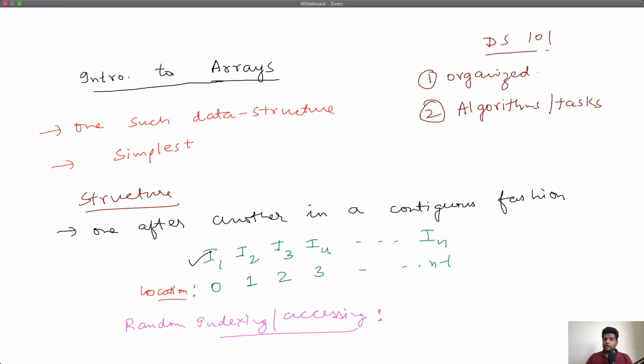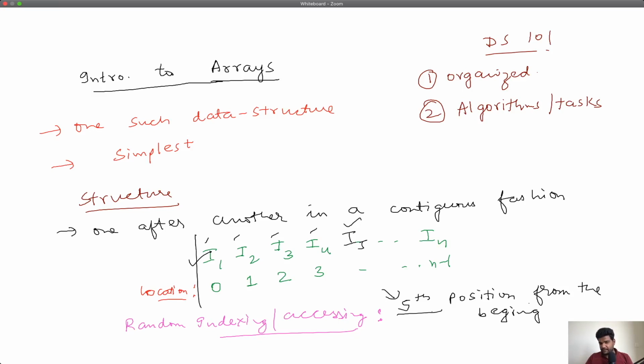Let's say you want to access the item which is at the 5th position from the start. This is the first item, this is the second, this is the third, this is fourth, and I5 is the 5th item. Because you know that it's the 5th item from the beginning, you can simply access it in one go.